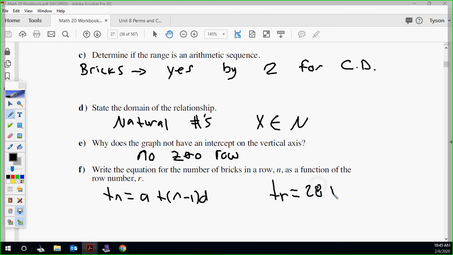And we know it's plus, we're going to leave r there, and the common difference is 2. So we're just going to simplify that. So you'd get 28 plus 2r minus 2, and we are done. So that is your general term that establishes the bricks and the rows. Okay? All right.